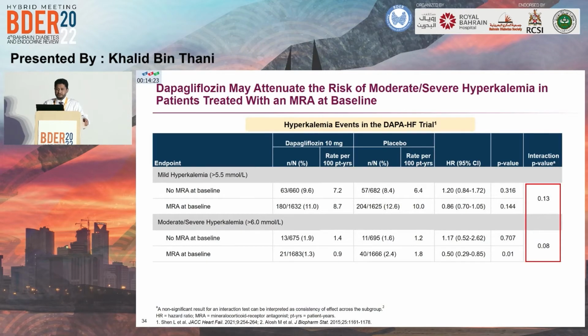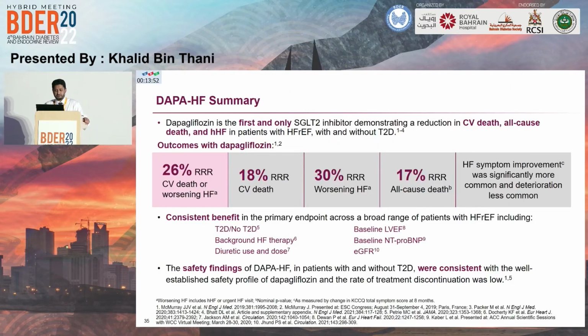A very common question is regarding hyperkalemia, if combined with ARNIs, ACE inhibitors or mineralocorticoid antagonists. Clearly the hyperkalemia events were not significant, so it might not affect the potassium level as much in these patients. Which, at the end of the day, is alarming for us as cardiologists when we see a very high or increasing potassium level.